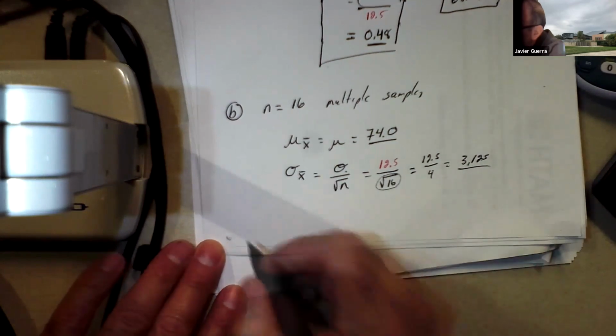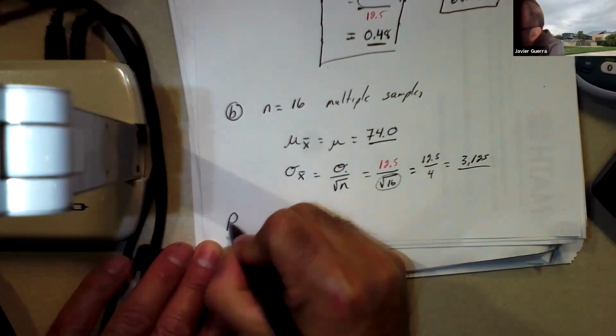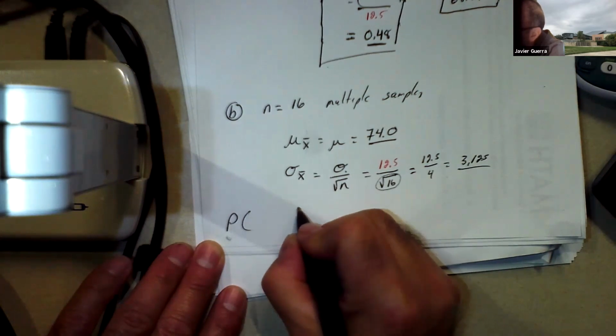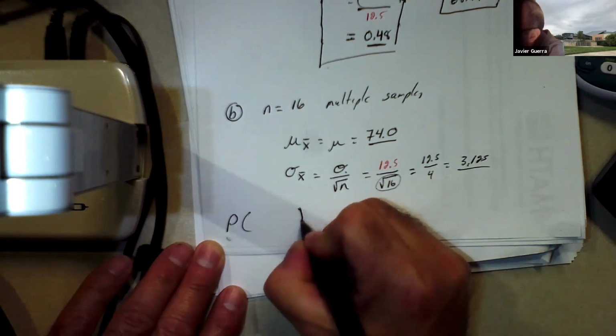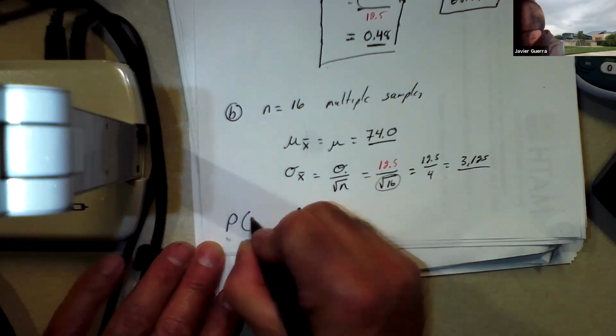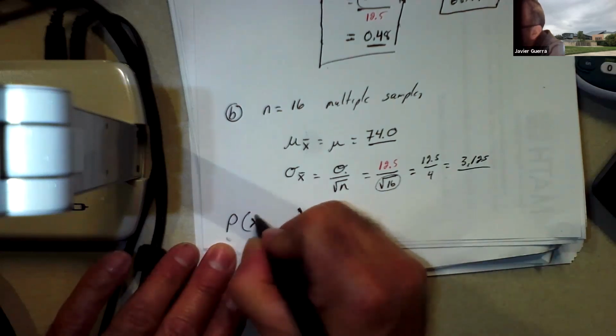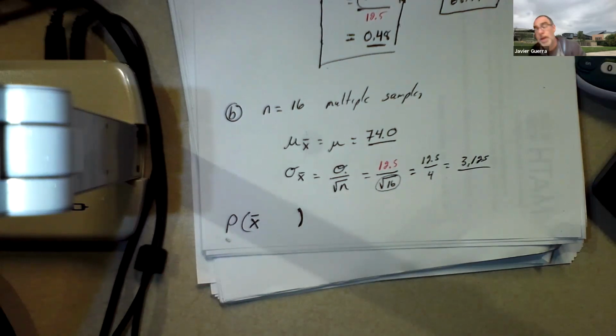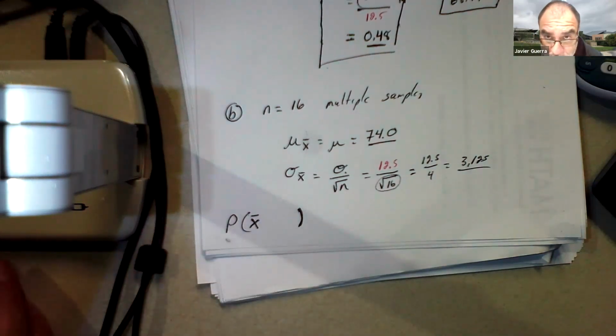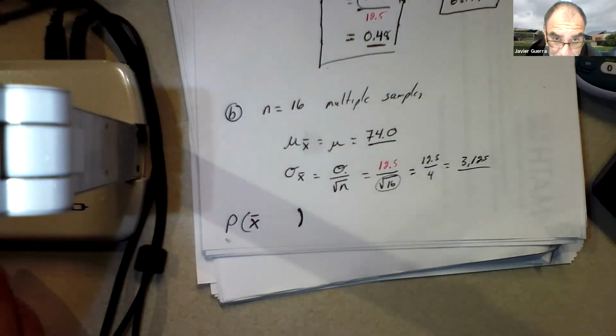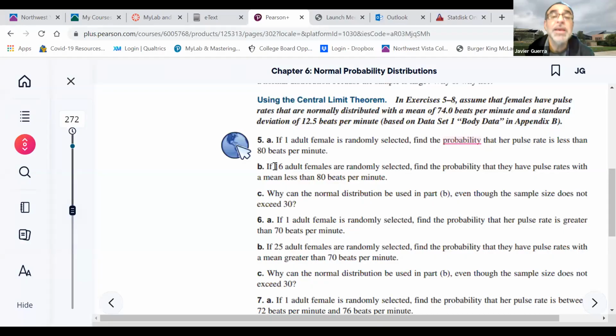And now I gotta go back to my problem. Now I gotta write my probability statement. And I'm not gonna use X anymore, I'm gonna use X bar. Why do I use X bar? Well, go back to our problem for part B. It says if 16 adult females are randomly selected, find the probability that they have pulse rates with a mean.